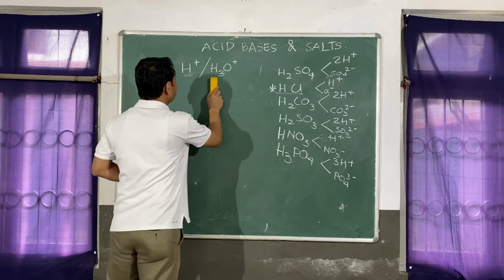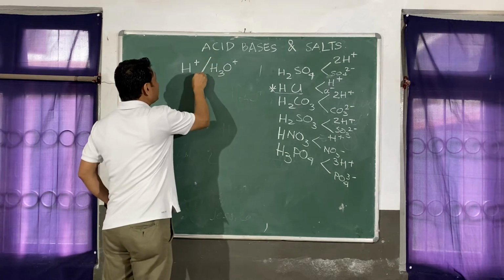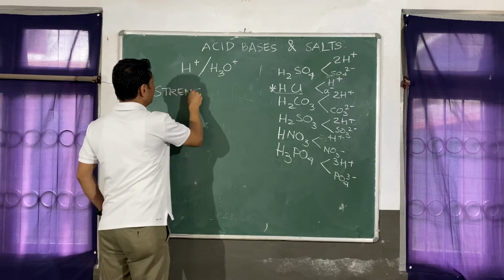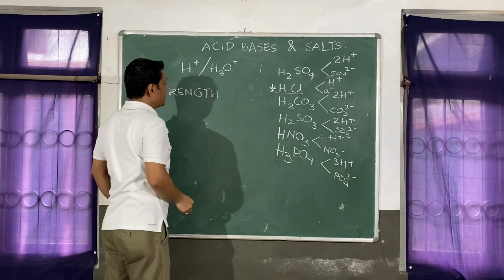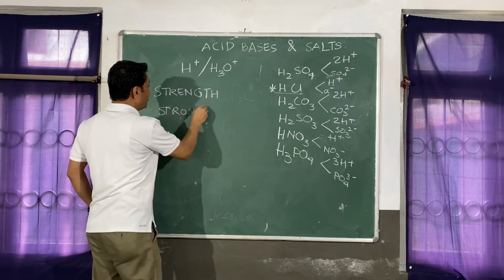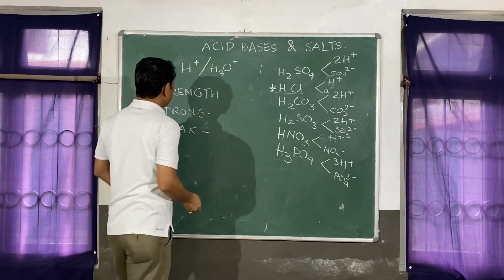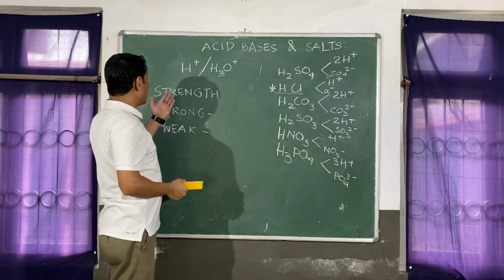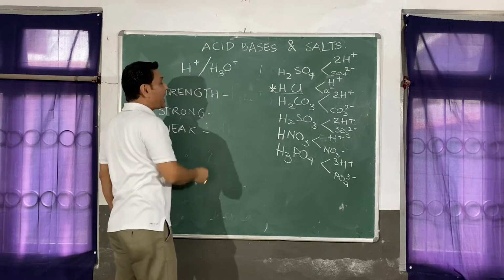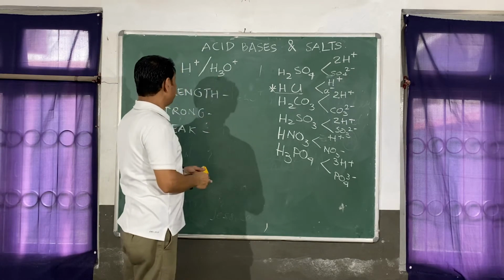The strength of an acid, strong or weak, depends upon the concentration of hydrogen ions, or we can say in a solution, hydronium ions.